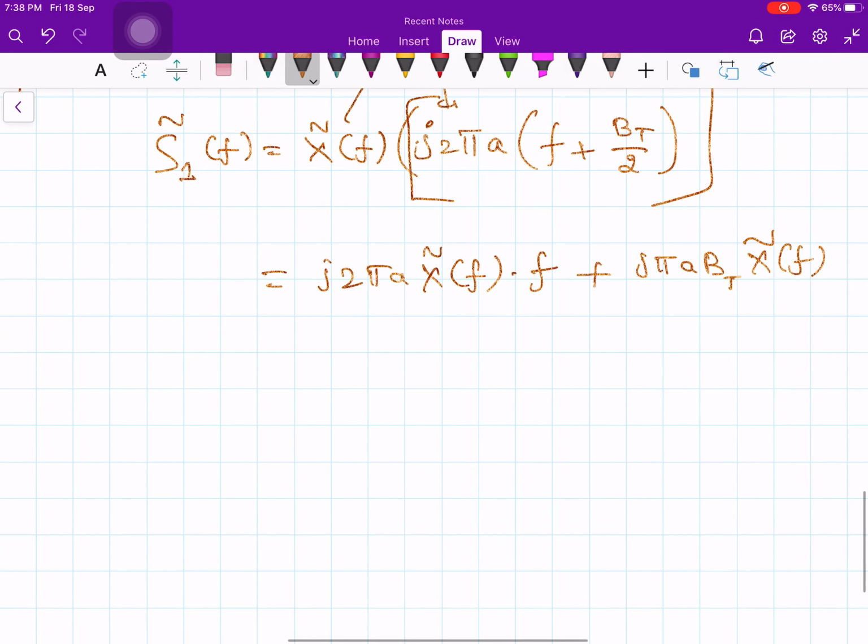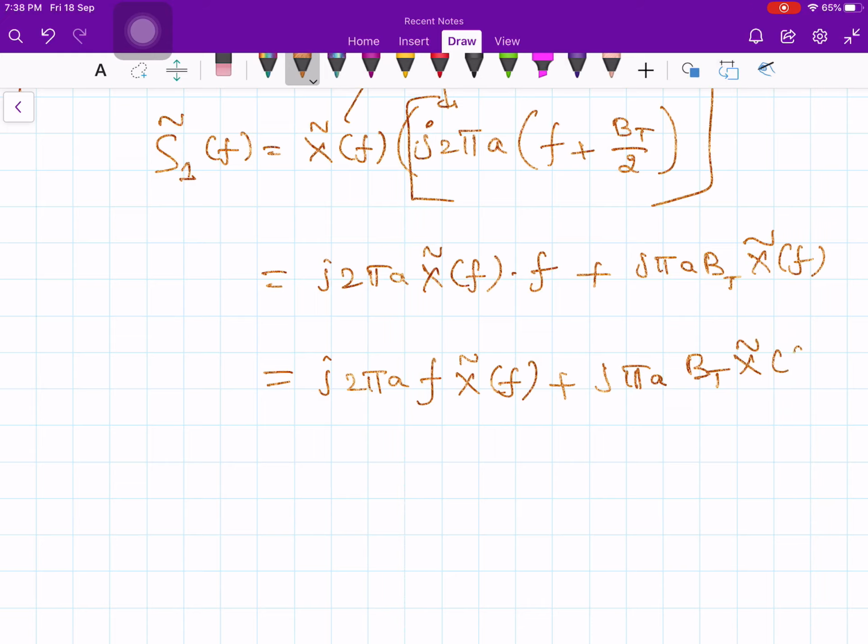If you rearrange this, it is j times 2 pi a f times x tilde of f plus j times pi a b suffix t times x tilde of f. So this is my output of the bandpass filter in the frequency domain.